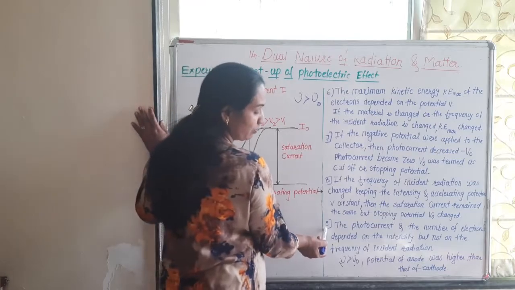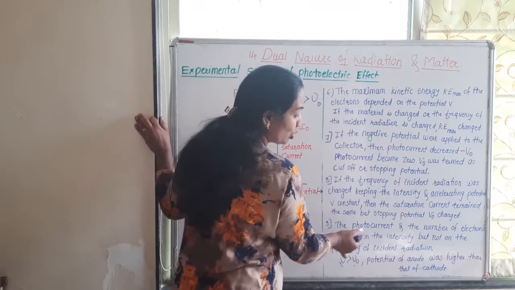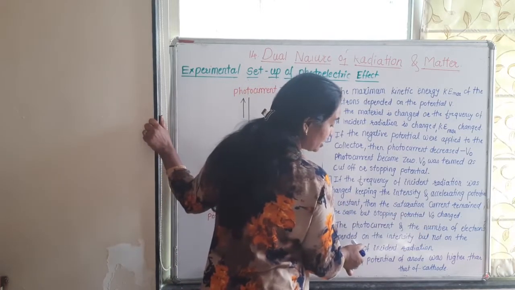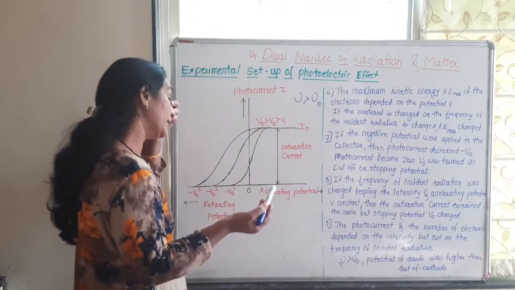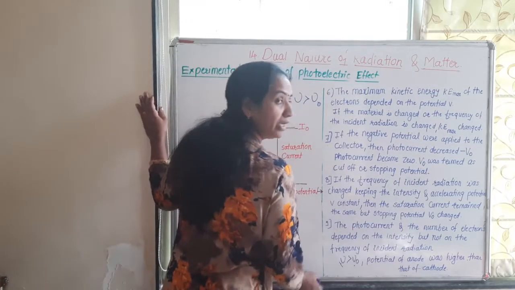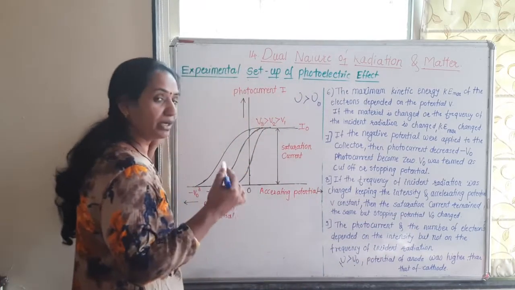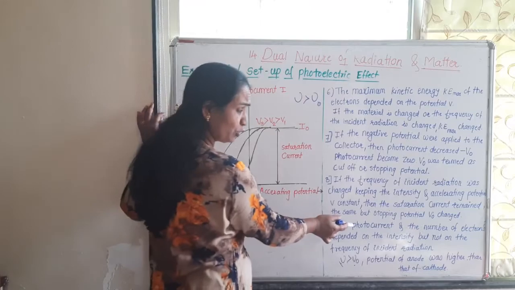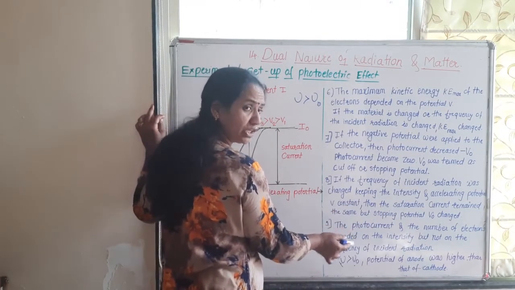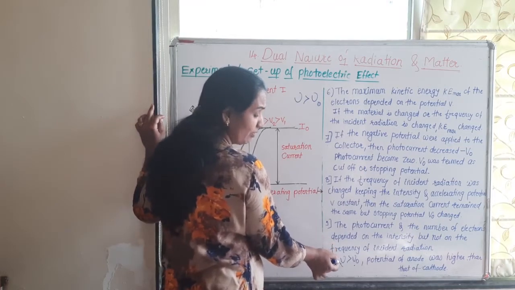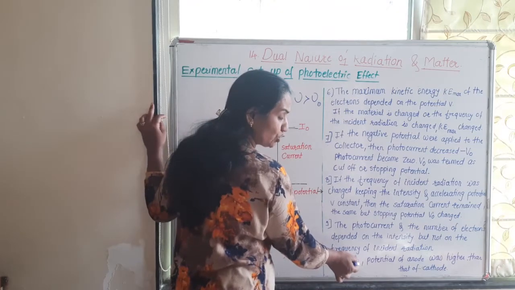The next, ninth point is that the photocurrent and the number of electrons depend on the intensity but not on the frequency of incident radiation, which is greater than the threshold frequency.